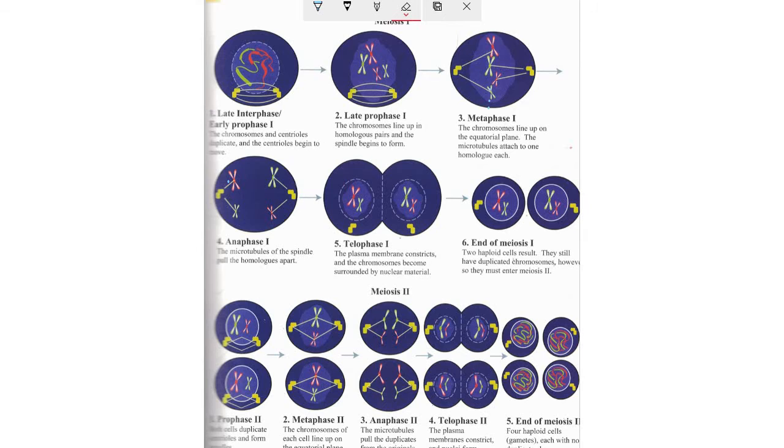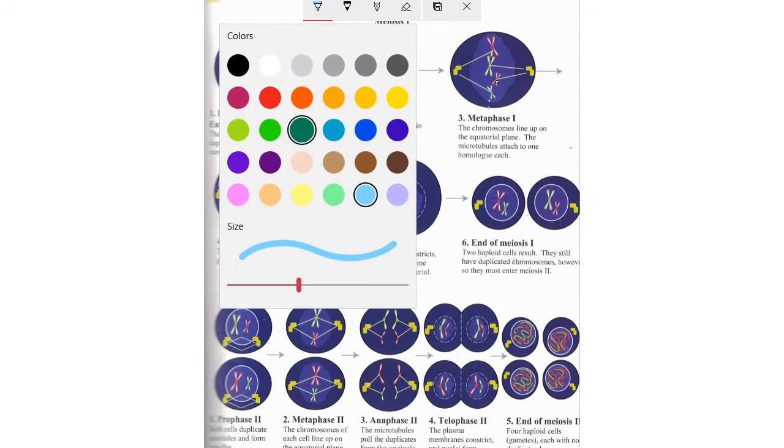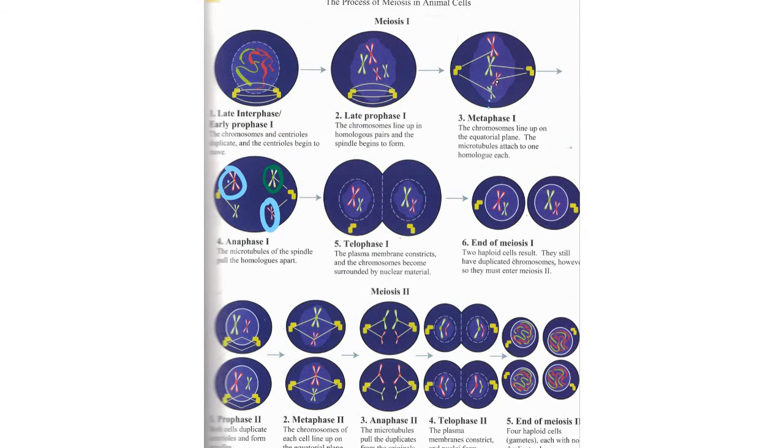It pulls the pairs apart from each other. Okay, so here the red ones would be the same chromosome, so they get pulled apart from each other, and the green ones would be the same, and so they get pulled apart from each other. So we're not taking this and separating them into this and this. We're taking the pairs.